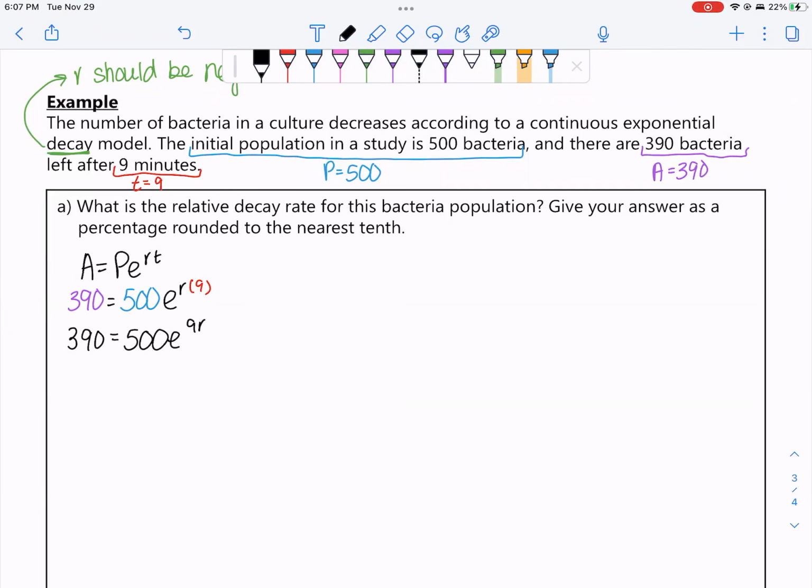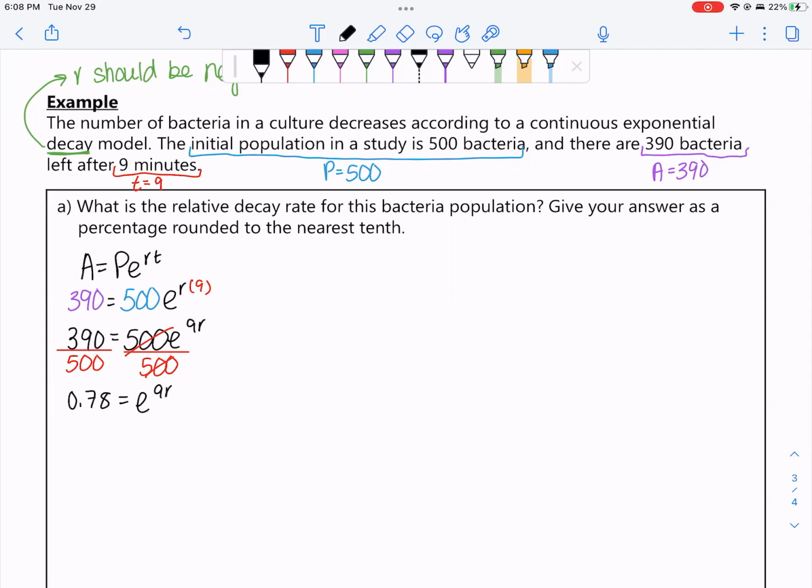We have to get e by itself, and then we'll apply natural log to both sides. So divide both sides by 500. 390 divided by 500 is 0.78, equal to e raised to the 9r.